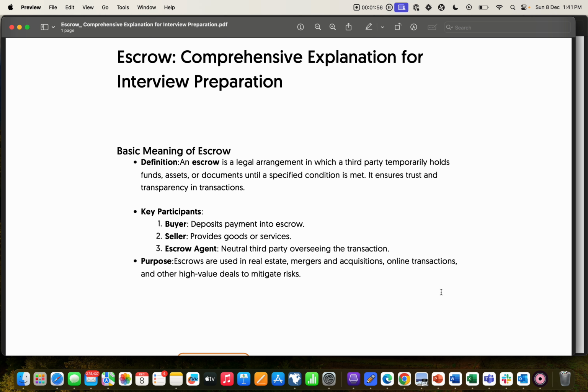The date of allotment will be from the 10th to the 15th. So when you apply for the IPO, you do not get shares on the same date. There will be an allotment date and a listing date. For example, the allotment date is 15 December and the listing date is 16 December.